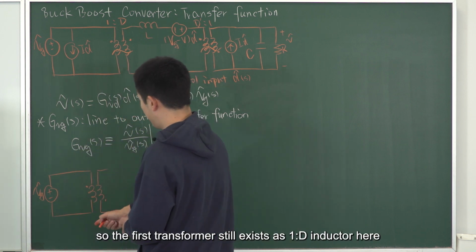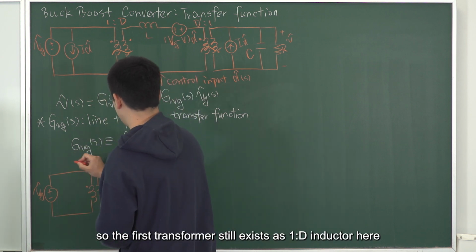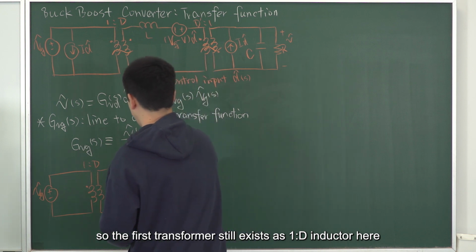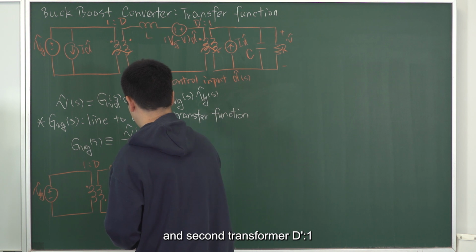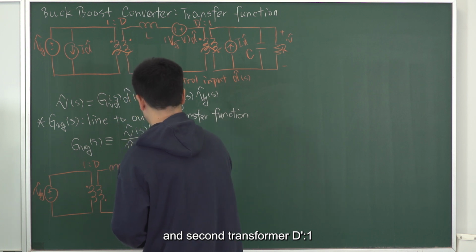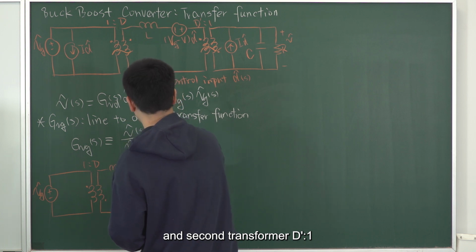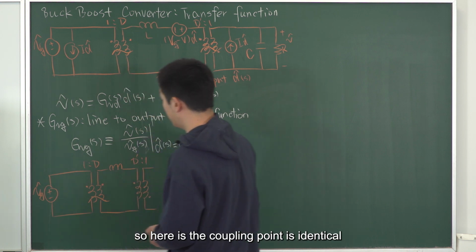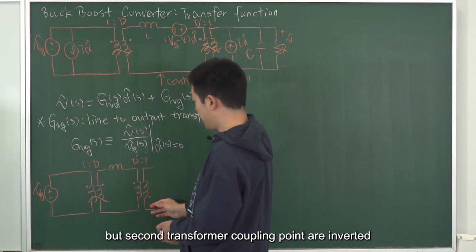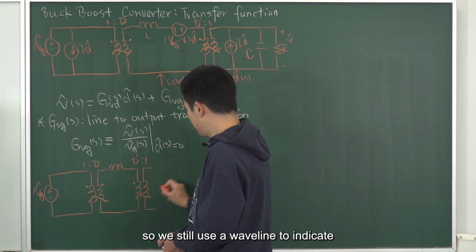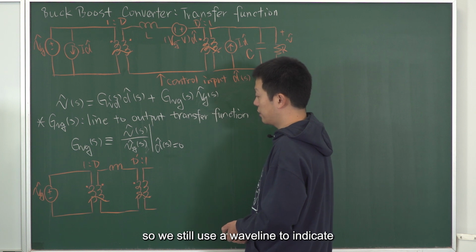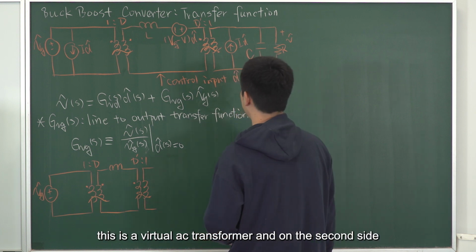The first transformer still exists as 1 to D, then the inductor, and the second transformer D prime to 1. The coupling points of the first transformer are identical, but the second transformer's coupling points are inverted. We still use a wavy line to indicate this is a virtual AC transformer.